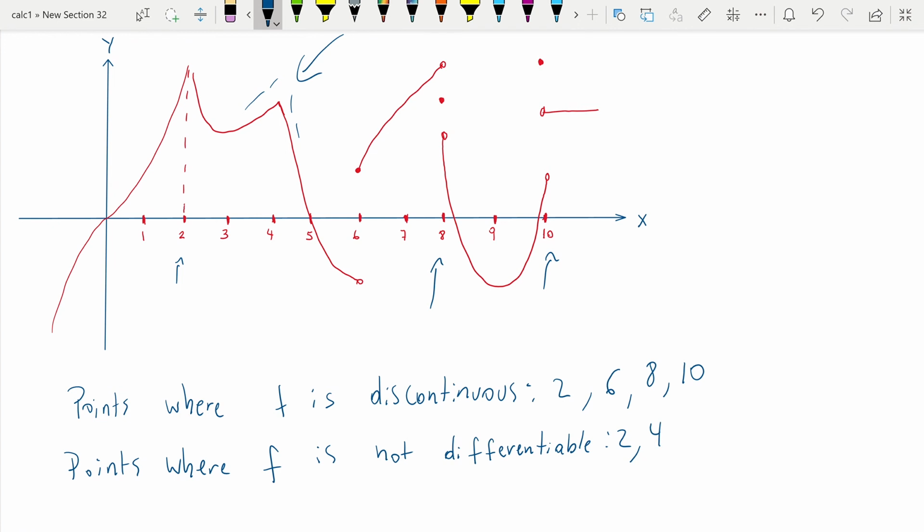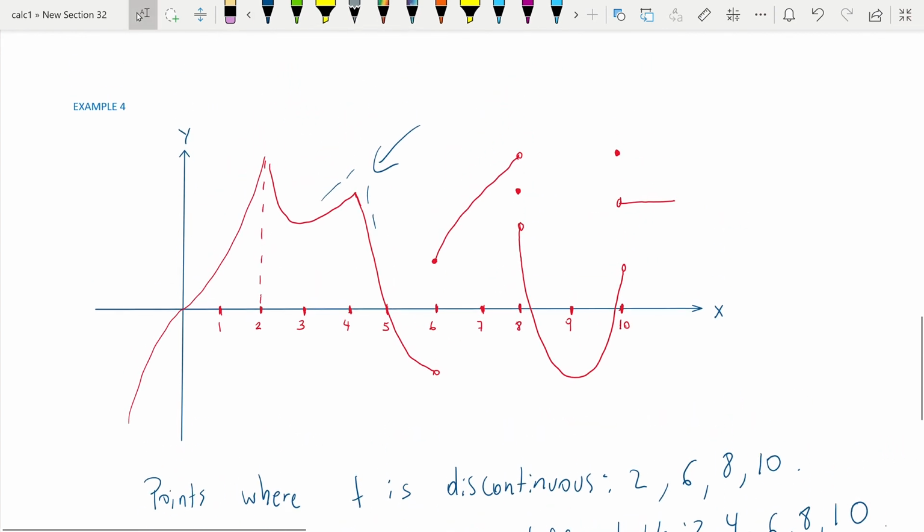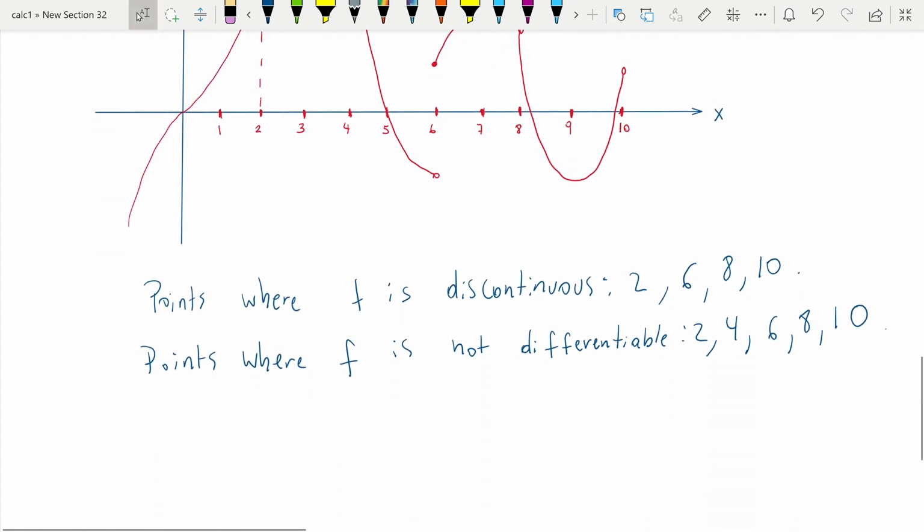Are there any other sharp turns here in the graph? No? Well, that means that we only need to include the other points where f is not continuous: 6, 8, and 10. And this concludes the analysis of this given graph.